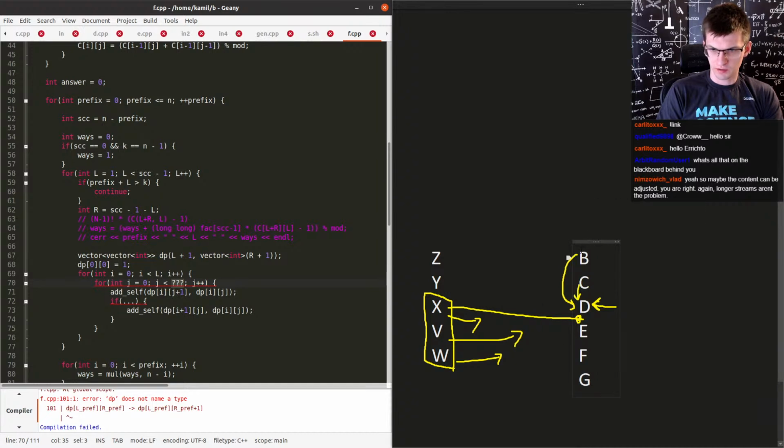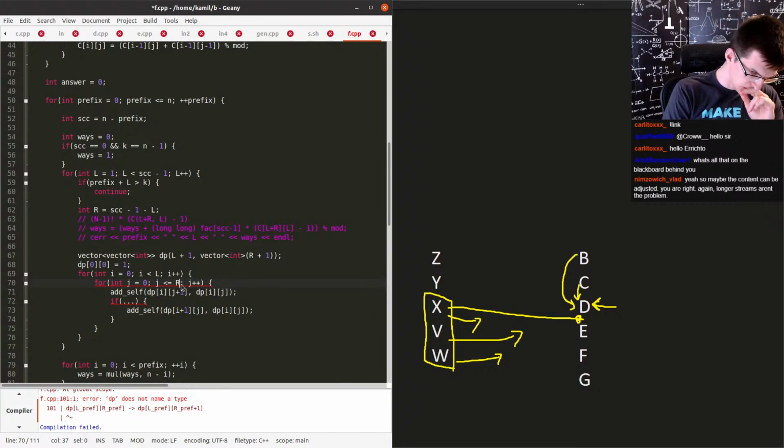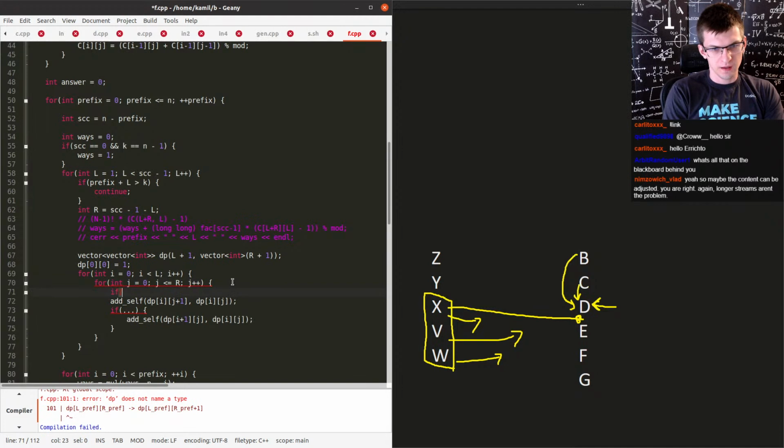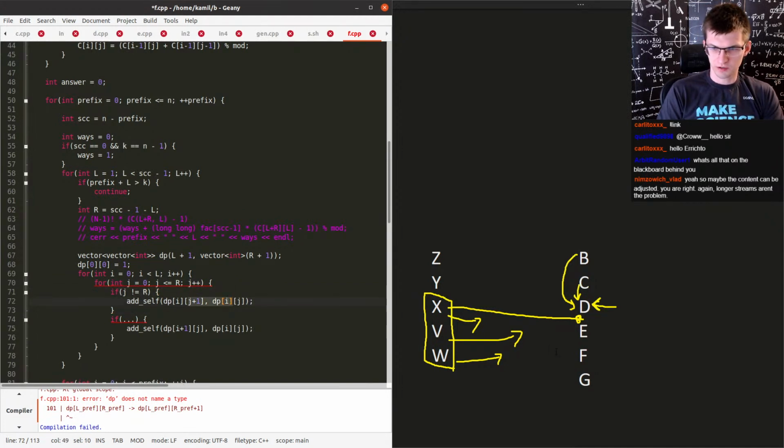Before that, you can also split after this, then everything is green. There are possible slots. Then if j is not r, then we can move forward on the right. Otherwise do this.